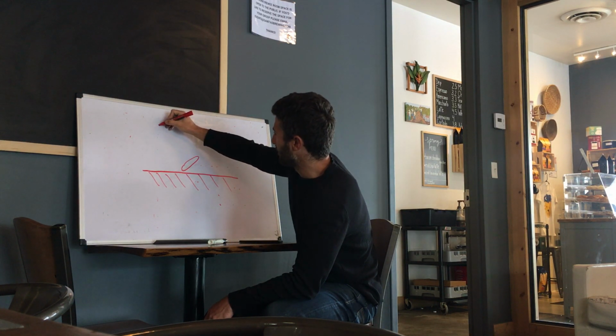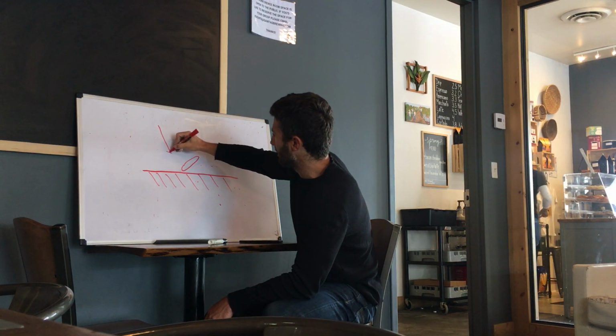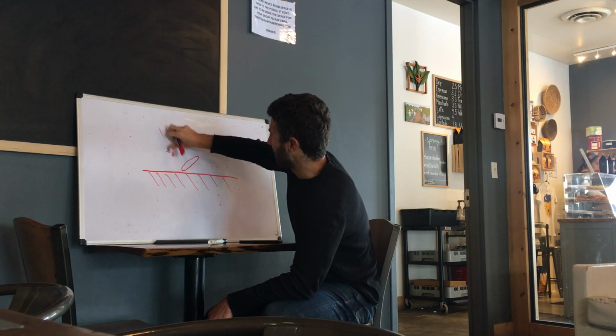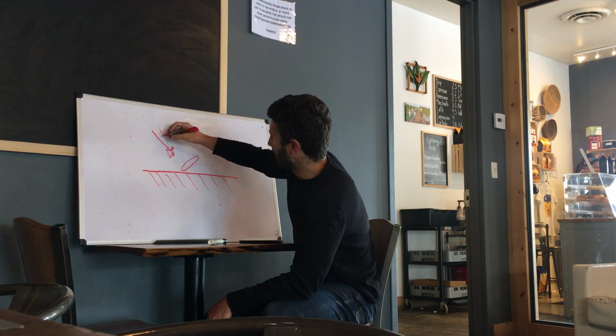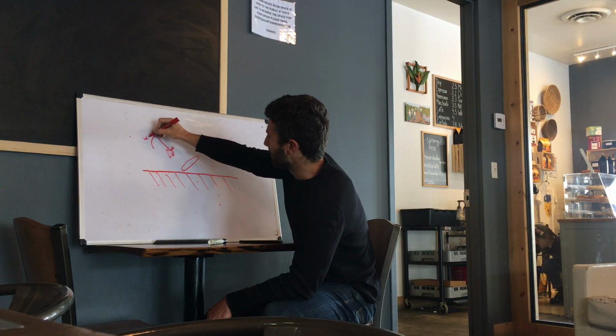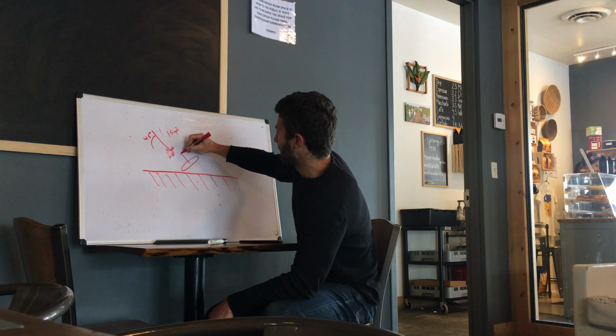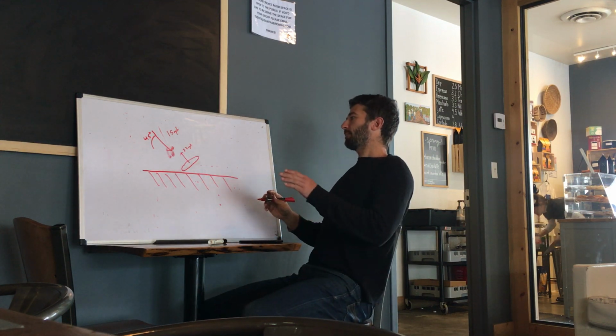And let's say the wind is coming in like this. We'll say it's coming in at 15 miles an hour at 45 degrees to the ridge. And you're flying along at 22 miles an hour cruise.